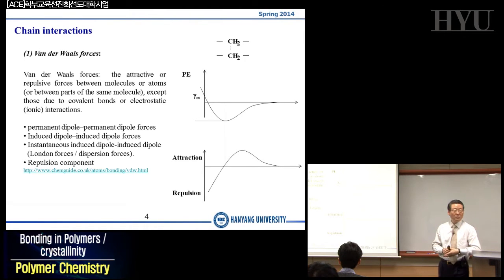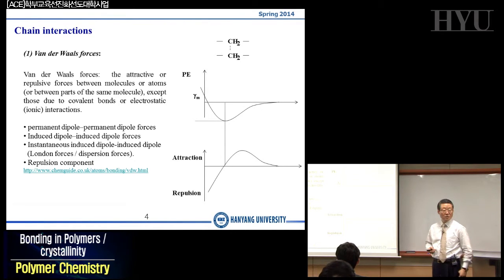Anyway, a permanent dipole, another permanent dipole interaction, or induced dipole interaction will influence these van der Waals forces. So this is what we call the dispersive force, or the van der Waals dispersive forces.